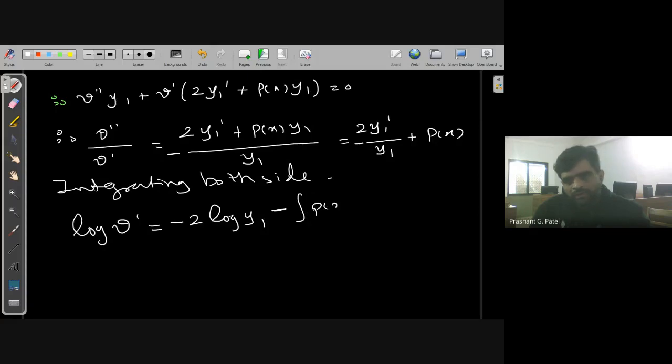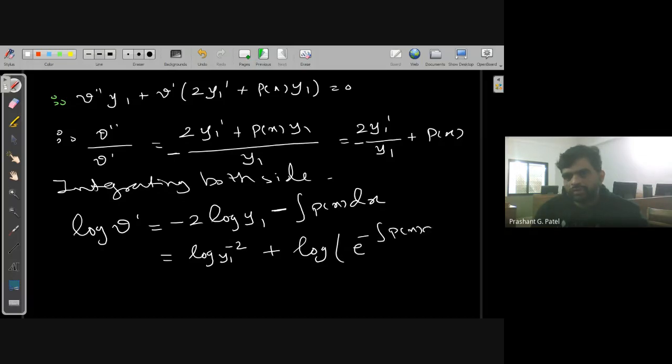Integration p of x dx is there. Now this I can write as log of y1 raised to minus 2 plus log of e power minus integration p of x dx.